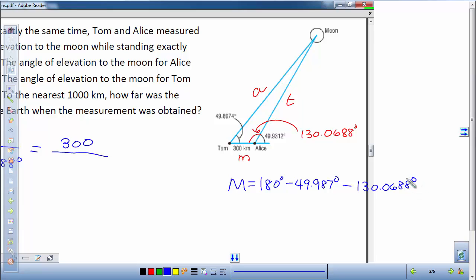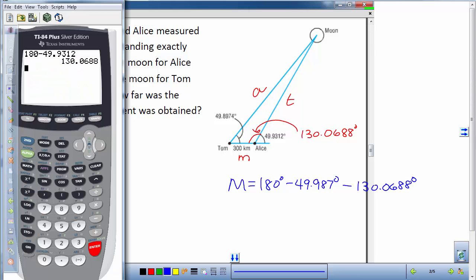Okay, we needed to figure out what angle M was, right? So it's 180 minus that 130 minus 49.987. Oh, what happened there? 300 over. Right, that second 49 is on the outside of the triangle.